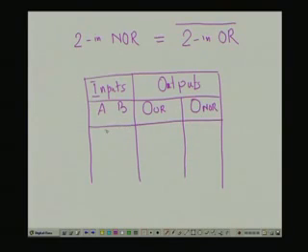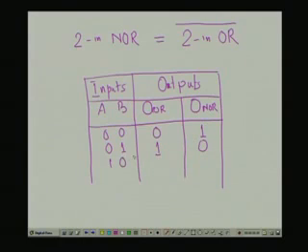Again you take those four values. If it is 0 0, the output for OR is 0. Now it is complemented or inverted, so it will be 1. Now, if any one of the inputs is 1, then the OR output will be 1, and the NOR output will be 0.